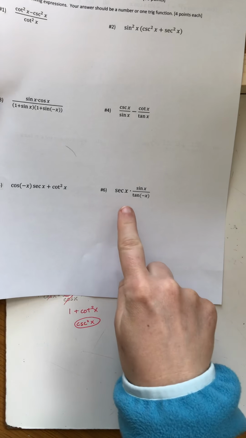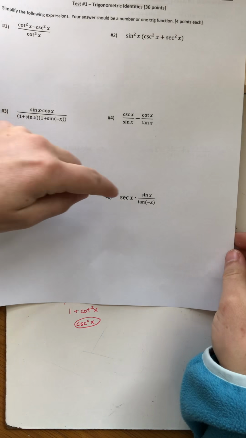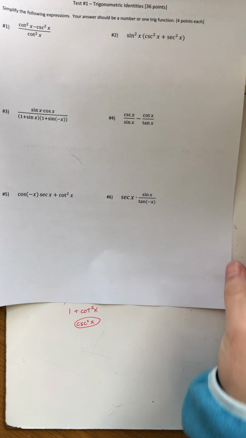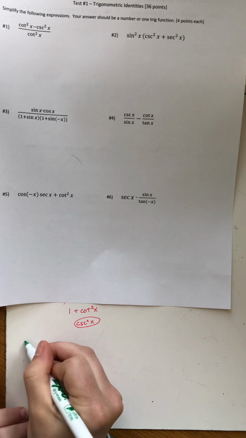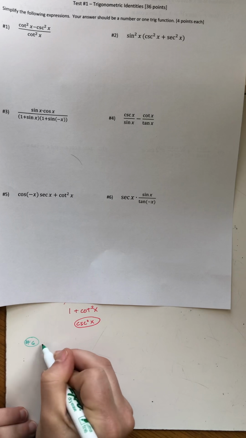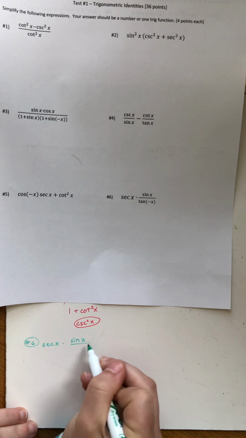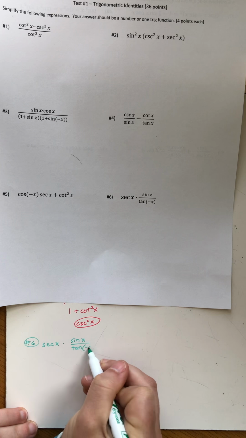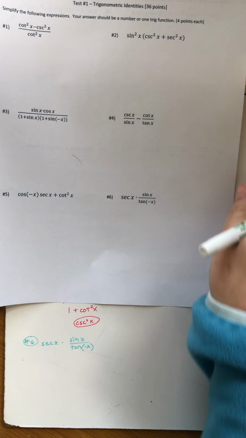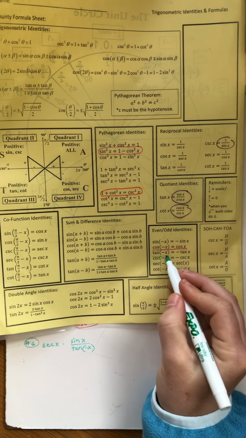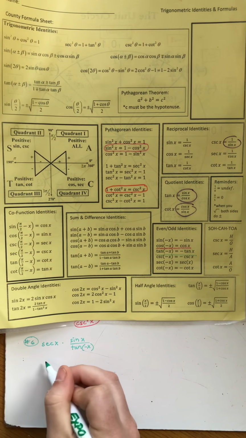And lastly here we have secant x times sine over tangent of negative x. So first do your even and odd identity. Tangent of negative x is negative tangent x.